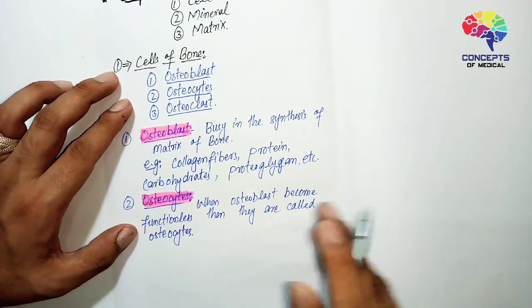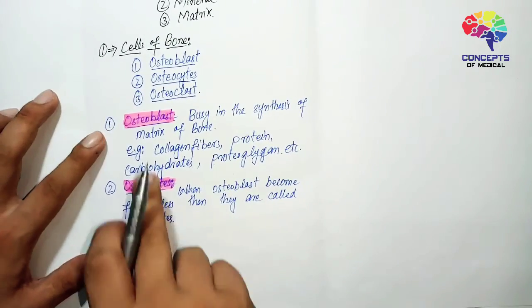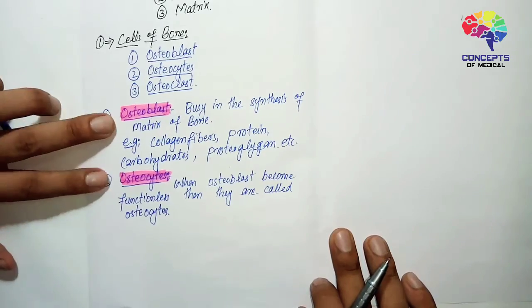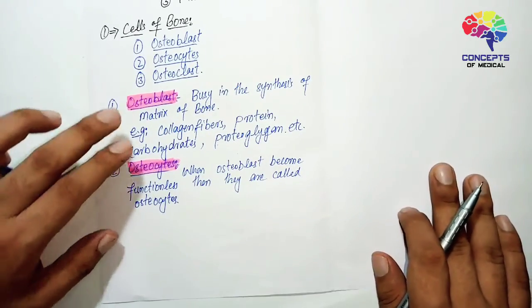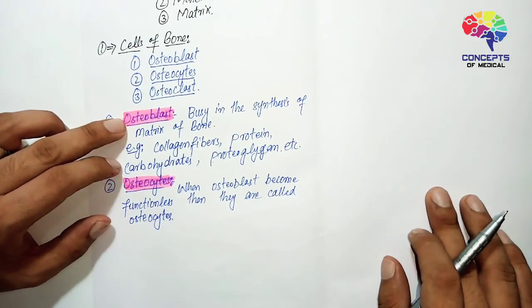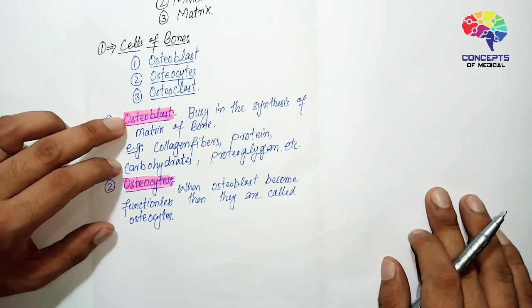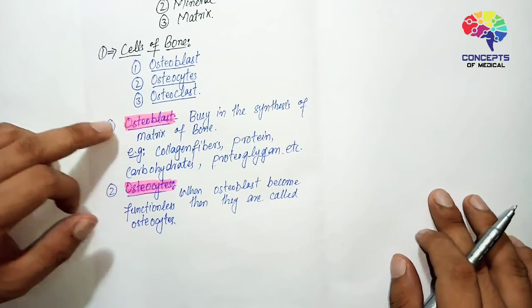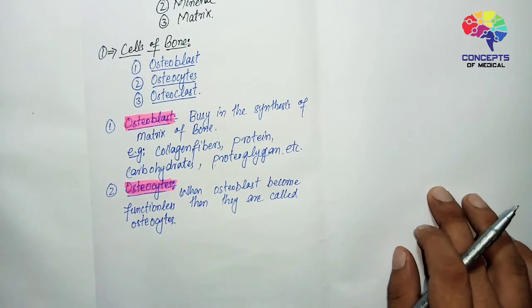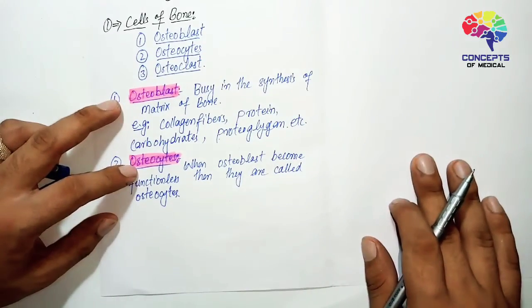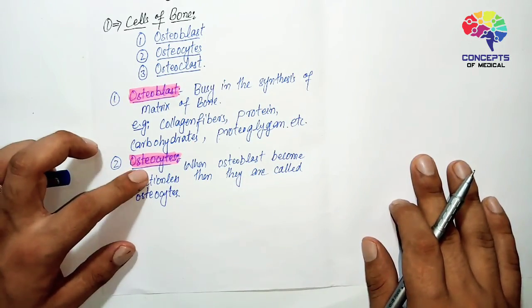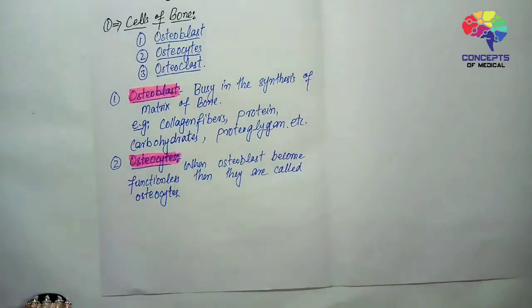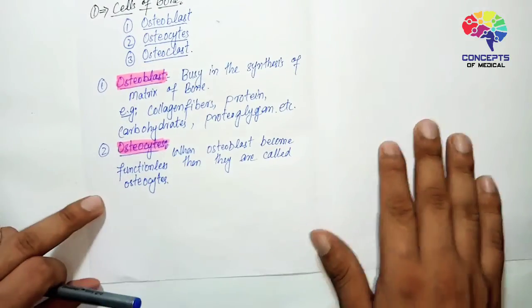So these are actually the definitions of these two types of cell, osteoblast and osteocyte. The osteoblast has a major role of synthesizing the matrix of the bone, and when it becomes functionless and is not capable of producing and synthesizing all these things, then it is called osteocytes. And at this time they just play a role in the protection of our bone, right?